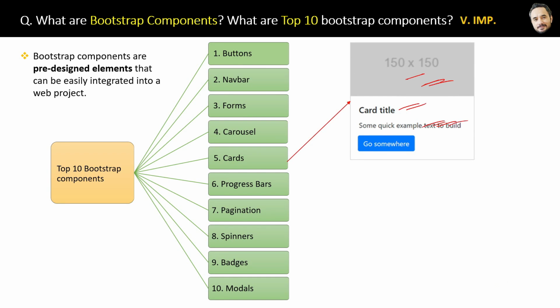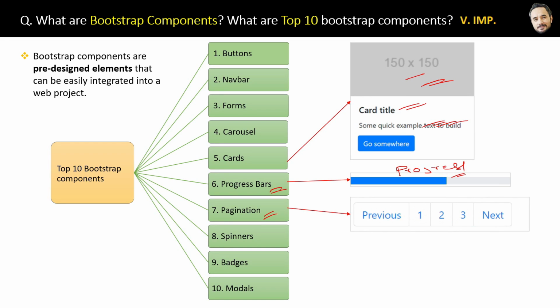Fifth are cards. Cards are flexible containers that can hold various types of content like text, images, titles, descriptions, right? Then we have progress bars, which display the progress of a task or process. Mostly it is used to indicate the progress of file uploads, right? Then pagination components provide a set of navigation links to help users navigate through a large data set that is divided into multiple pages, right?